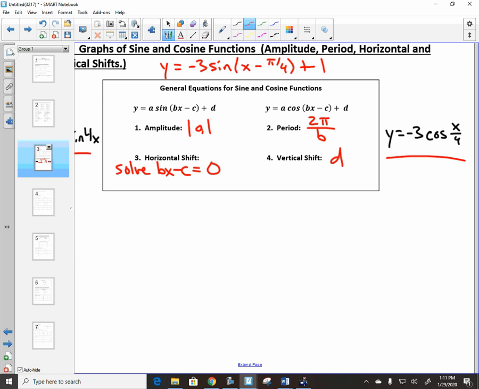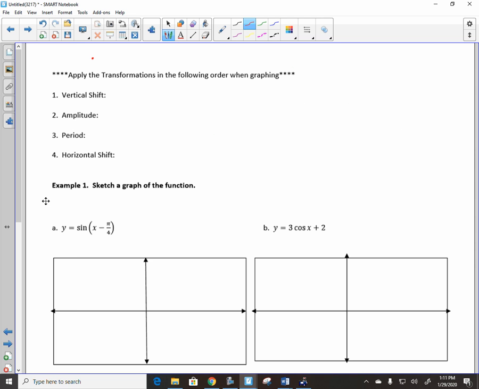So, we're going to practice graphing a few of these. When you consider graphing these, always start with the vertical shift.